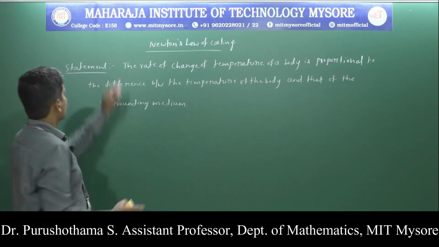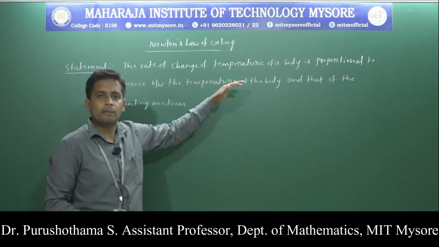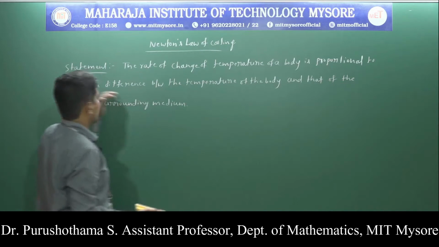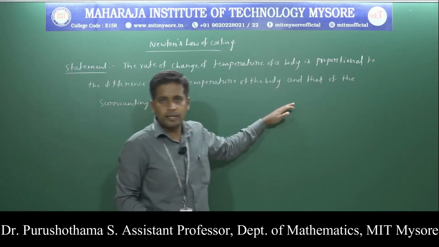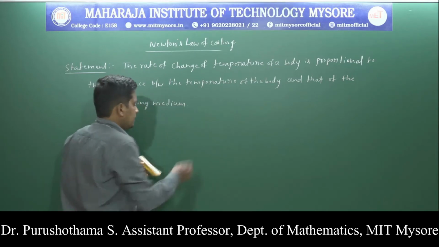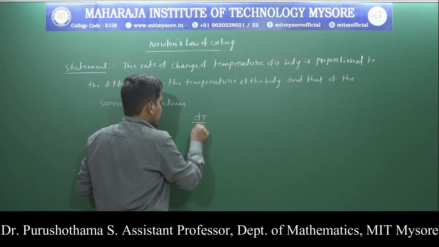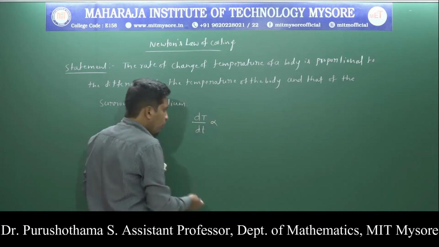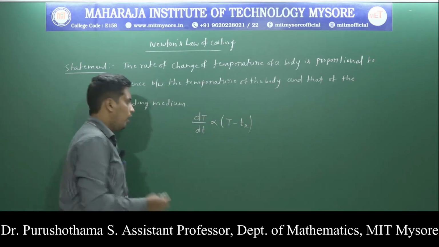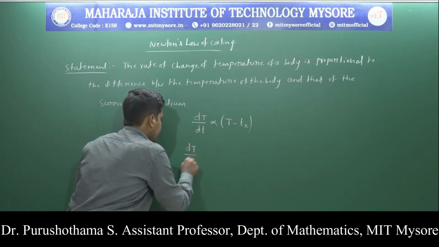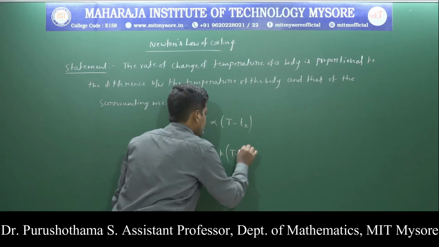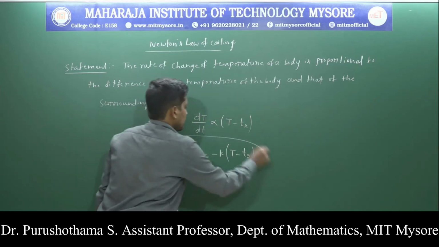The statement is: the rate of change of temperature of a body is proportional to the difference between the temperature of the body and that of the surrounding medium, or dT/dt is proportional to T minus T2, or dT/dt is equal to minus k times (T minus T2).